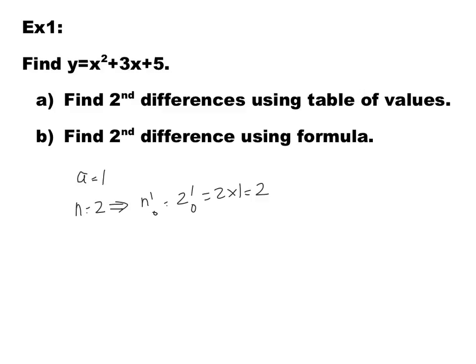So our nth differences, or in this case second differences, is a times n factorial, which is 1 times 2 factorial, which is going to be 2, which is exactly the same as using table of values.